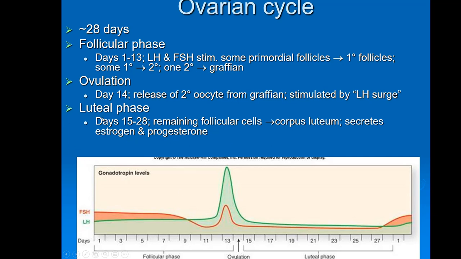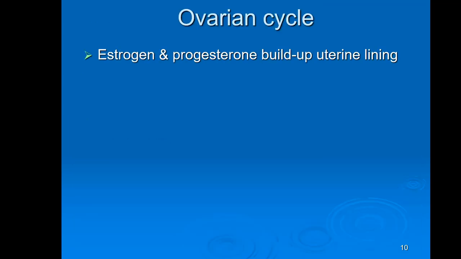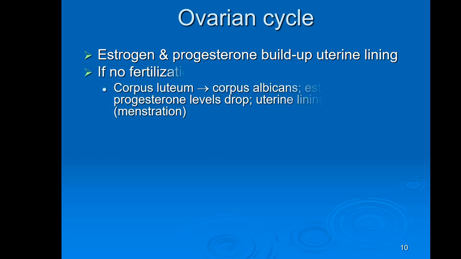After ovulation, we go into what's called the luteal phase, the remaining approximately 2 weeks. That's when the corpus luteum is still in the ovary, secreting progesterone and estrogen. Estrogen and progesterone are really important because they help build up the lining of the uterus, and remember, the uterus is where the embryo is going to start developing.